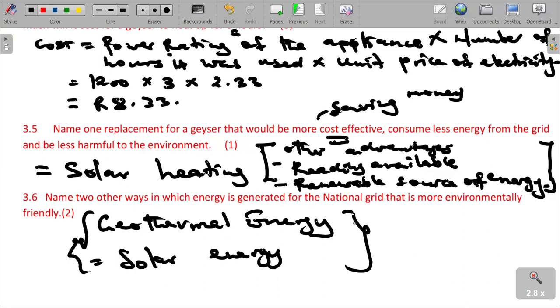They are better, they are very good. We can also not talk about coal or natural gas. Coal and natural gas are totally environmentally unfriendly.